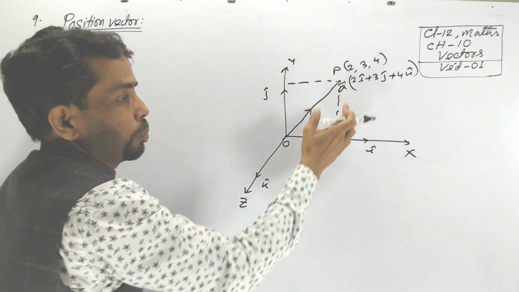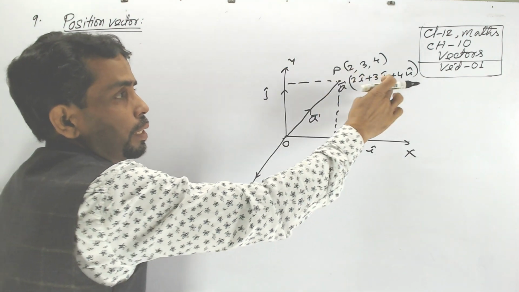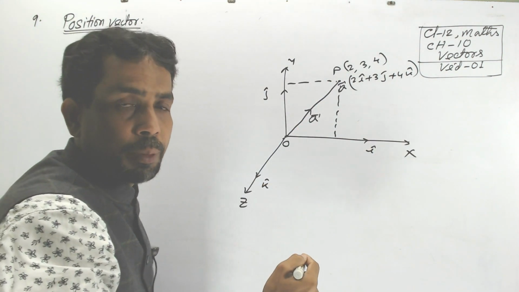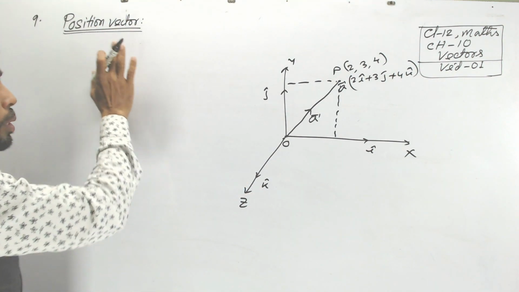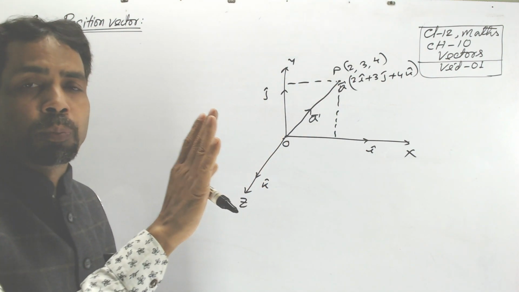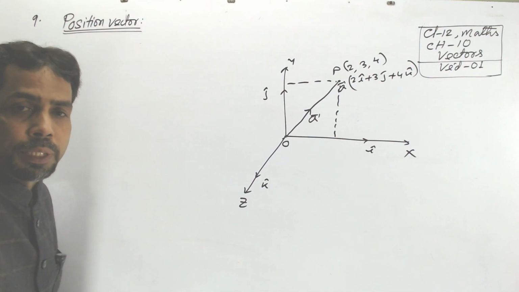So 2 is the projection along x, 3 is the projection along y, and 4 is the projection along z. The projection may be in the positive direction or the negative direction also. So this is the idea about position vector. Whenever you say position vector, remember it is a vector starting from the origin and ending at the point you are considering.